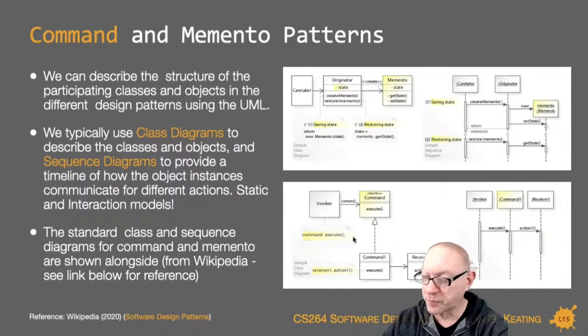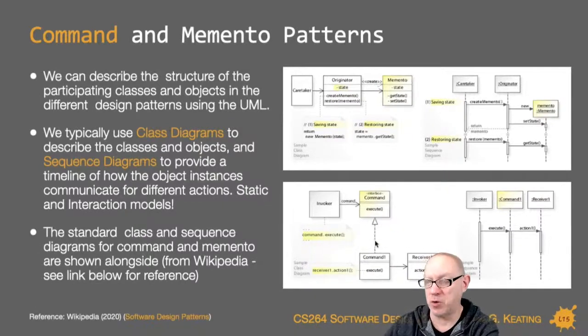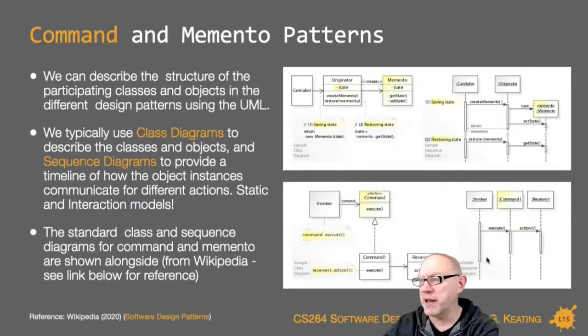Okay, so the same with the Command. With Command, it's a little bit more complex here, and we have an invoker again, which has a command and a receiver that receives the command. So we execute an action. So you can see almost that there's complexity.